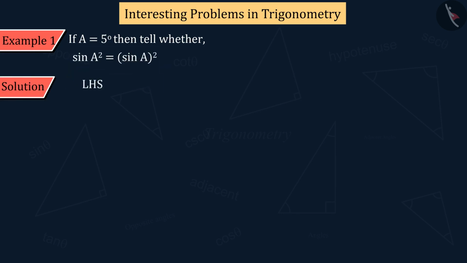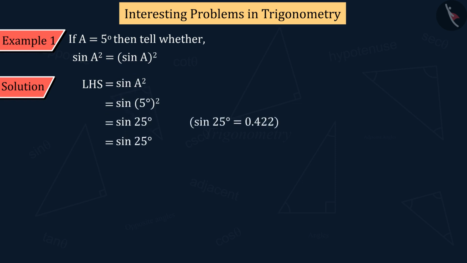If we talk about the left side, then here we have to calculate the value of sine of the square of angle A. Here A is equal to 5 degrees. So the square of A will be equal to 25. So the value of left side should be equal to the value of sine 25 degrees.